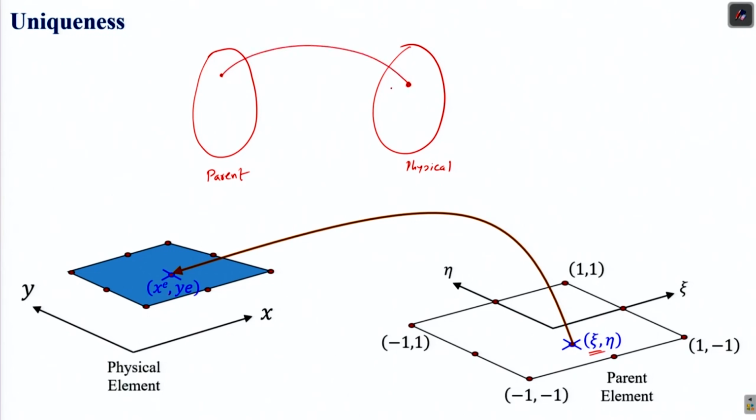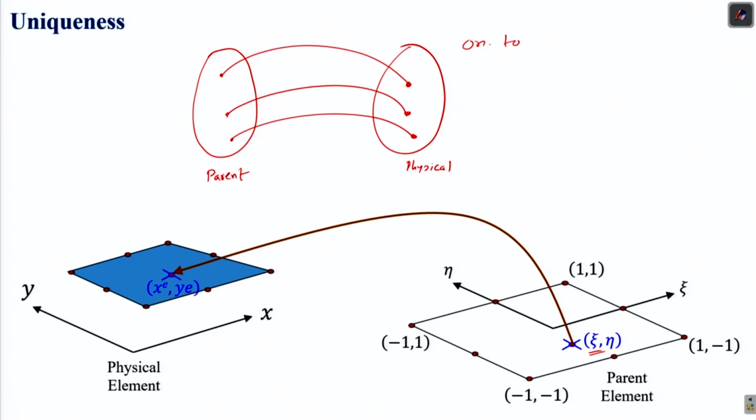This feature is called onto. When any point is taken, that point should have an image within the element. But that is not sufficient.